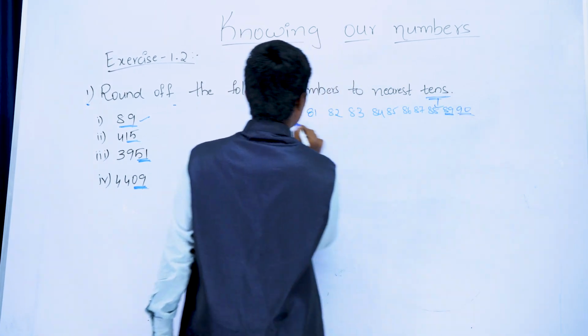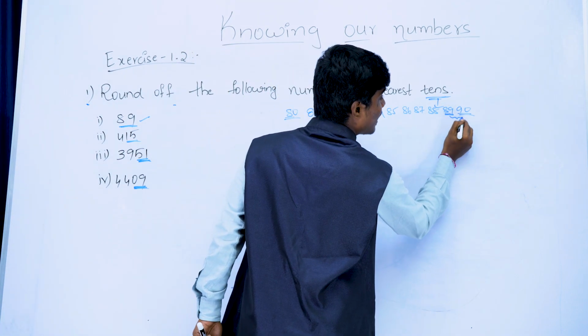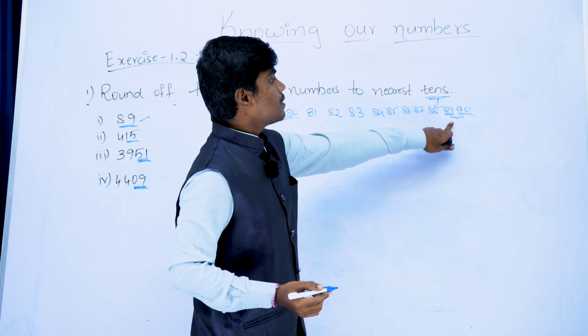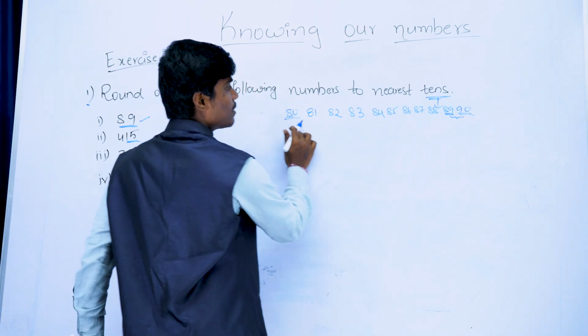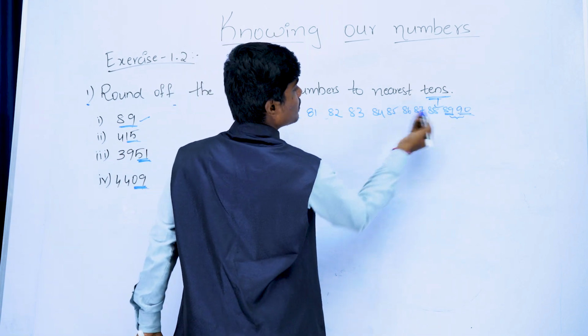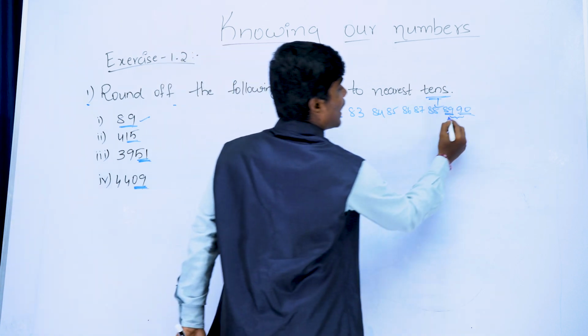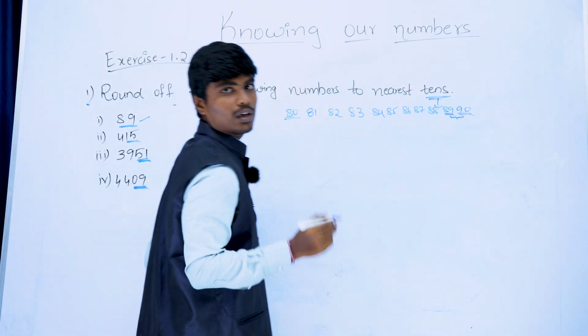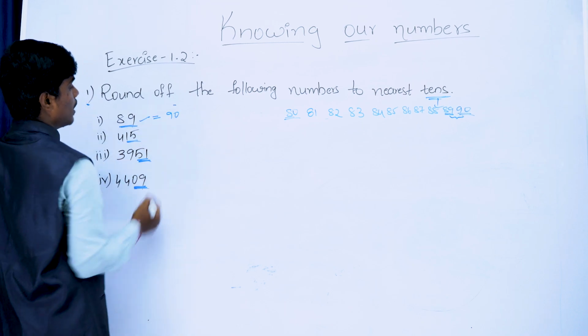Here 90 and here 80. Here we can clearly observe 89 is just behind the number 90. Here 80 is far away. There are many numbers between 89 and 80. So 89 is rounded to 90. So the answer is 90.